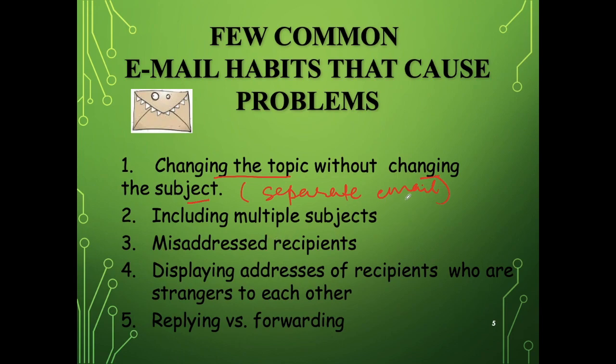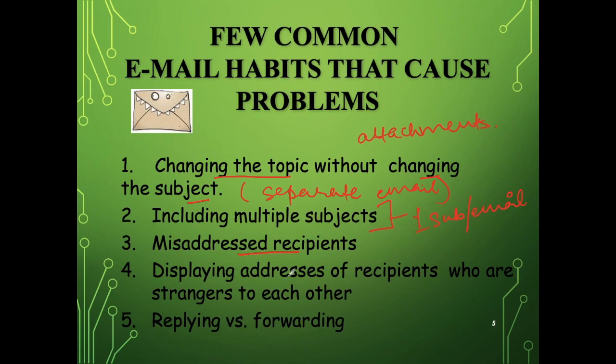Or what you can do is use attachments, with different topics in different files. Then please try not to include multiple subjects. There should only be one subject per email.